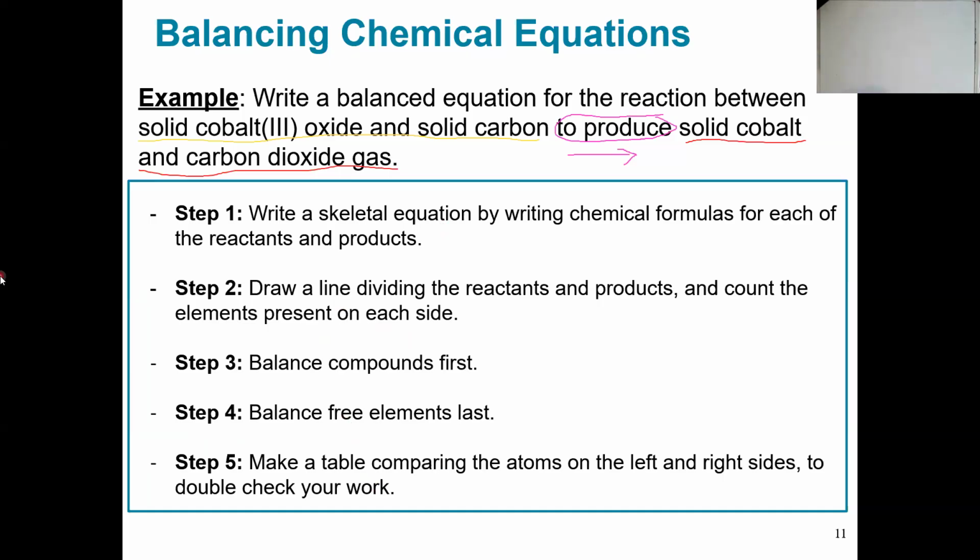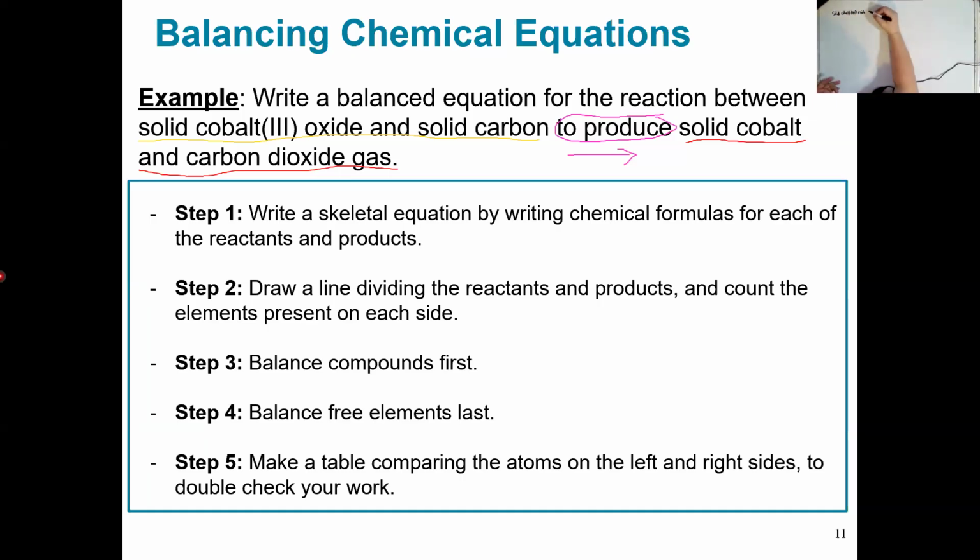So I would say that the first thing we want to do is start with, I'm going to write out the names here, which you don't necessarily have to do. But I'm going to write out the names so that we can look at how we write the formulas. Okay. So we have solid cobalt 3 oxide.